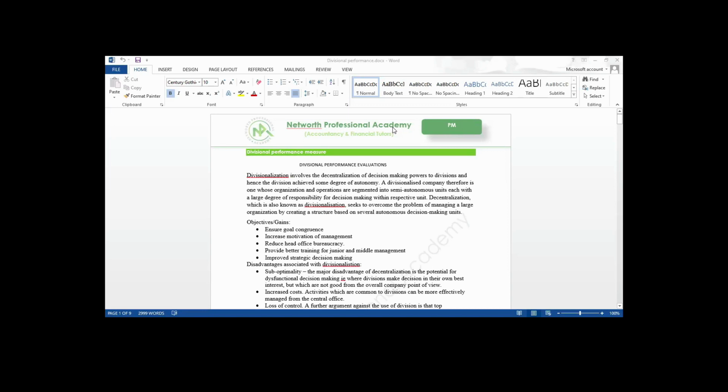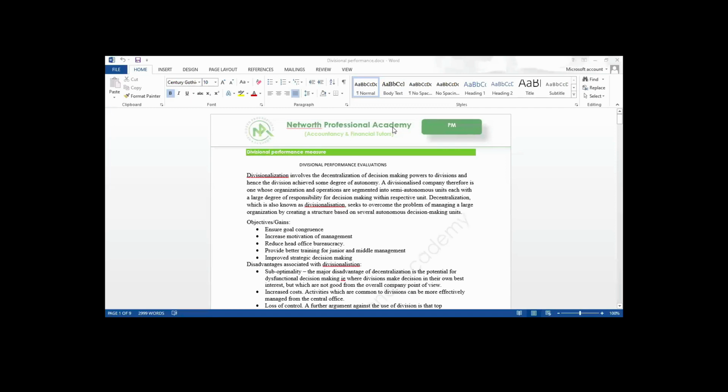Number 3, divisional structure reduces head office bureaucracy. Where a company is run under divisional structure, you don't need to wait for head office for your decision.